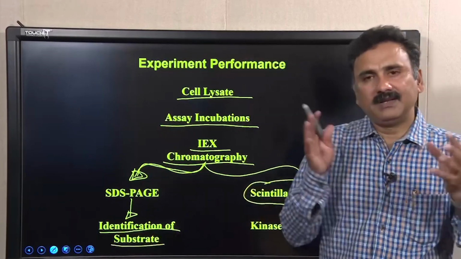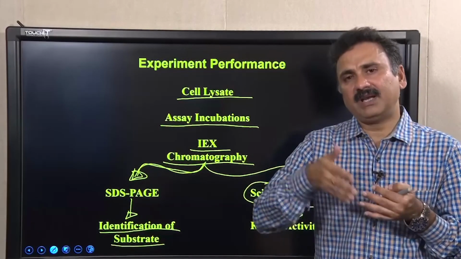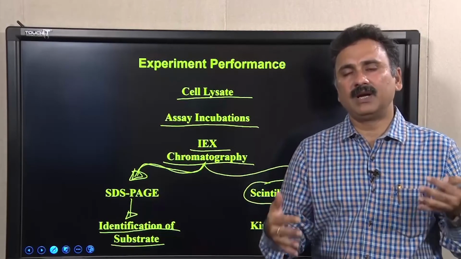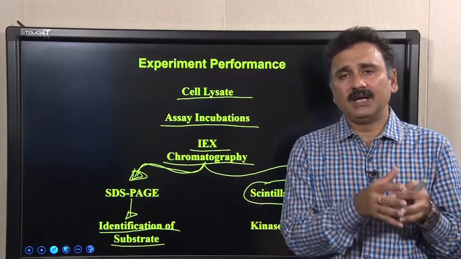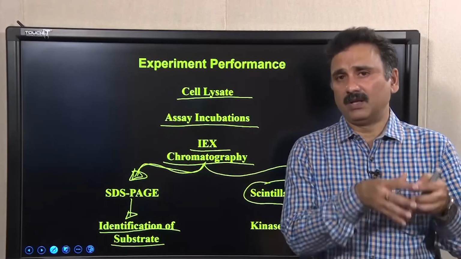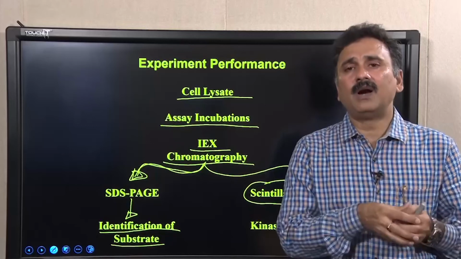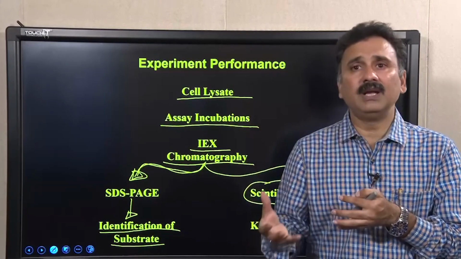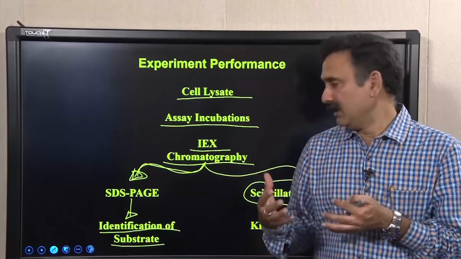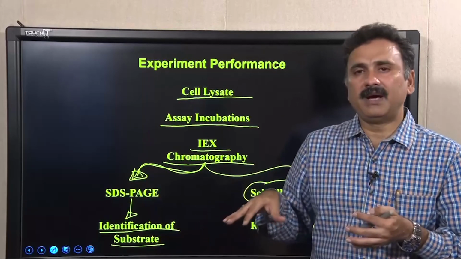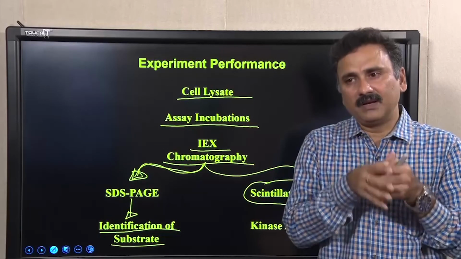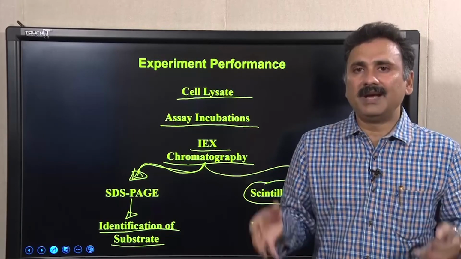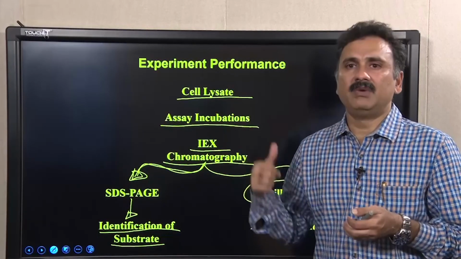So, we started with a single experiment, but that single experiment can be diverged into multiple experiments, and that is how you get two different pieces of information: the kinase activity associated with the cell lysate, and the different substrates that are phosphorylated by these kinases. By diverging one single reaction, you get more precise information about the experimental conditions.